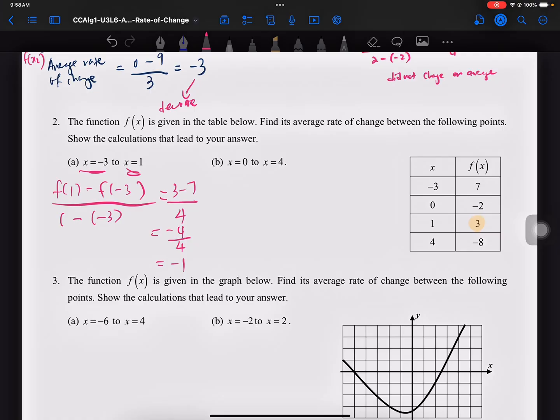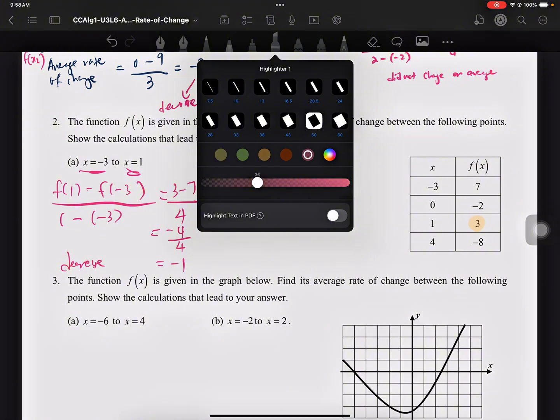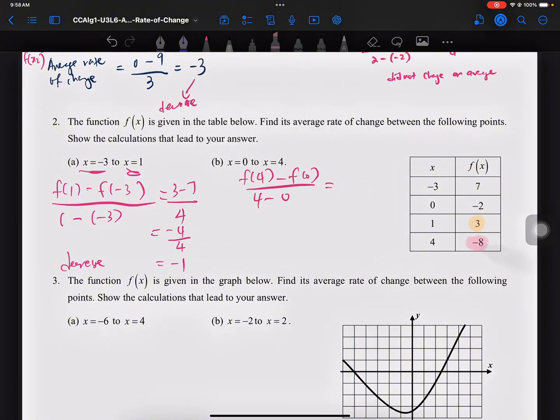Which is minus 4 over 4, is minus 1. And then we know that the function's output decreases by 1 unit. Next, f(4) minus f(0) over 4 minus 0. So we need to go through what the output is. f(4) is minus 8, f(0) is minus 2.